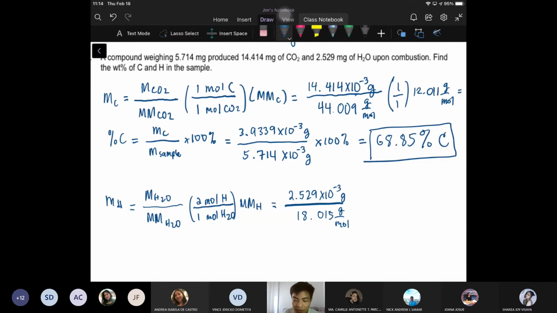So, save nyo na yung molar mass ng CO2 being 44.009. Ang molar mass ng water will be 18.015. Okay. So, ulit-ulit yan. Times 2 over 1. Yun yung ratio natin dito. 2 over 1. And the molar mass of hydrogen is 1.008 g/mol. Calculate nyo, wag nyo i-mental yan. Mahirap yan.